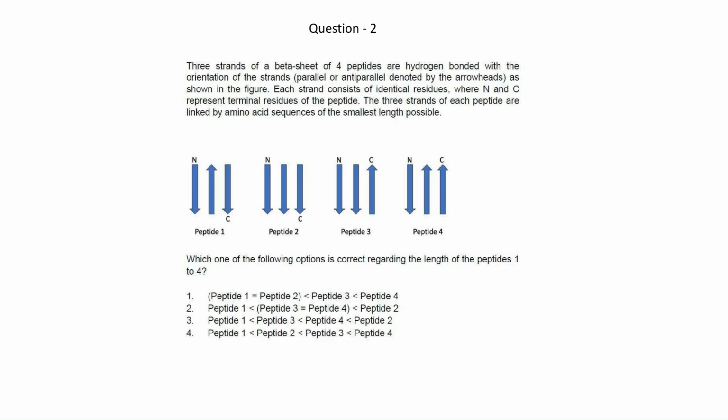For option 3, the increasing order of the length is peptide 1, 3, 4 and 2. And for option 4, the peptides in increasing order of the length are peptides 1, 2, 3, and 4. So let's solve this.